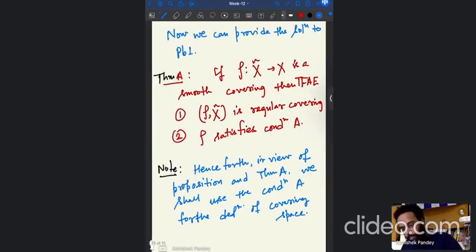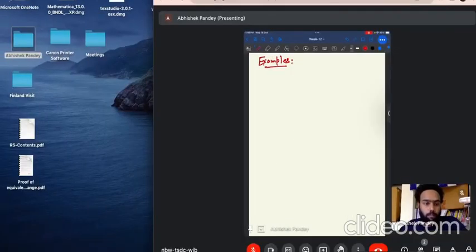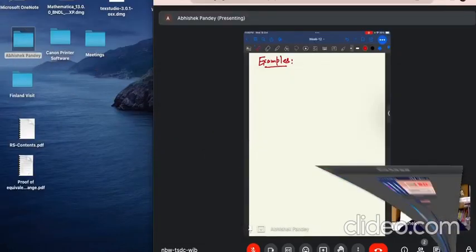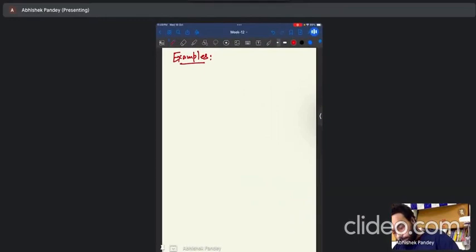Okay, so some examples are as follows. Let f from C star to C star be defined by f(z) equal to z square.